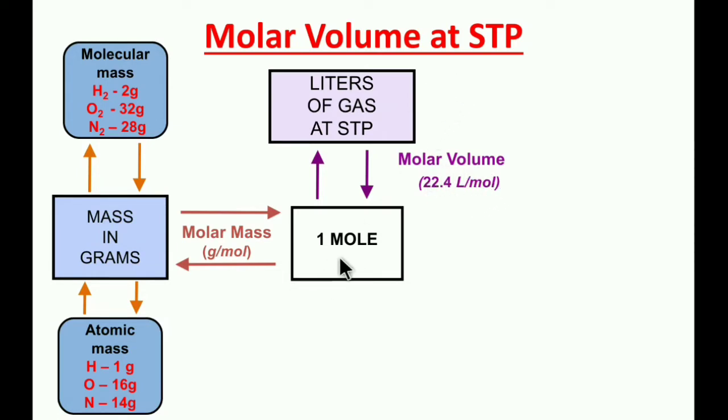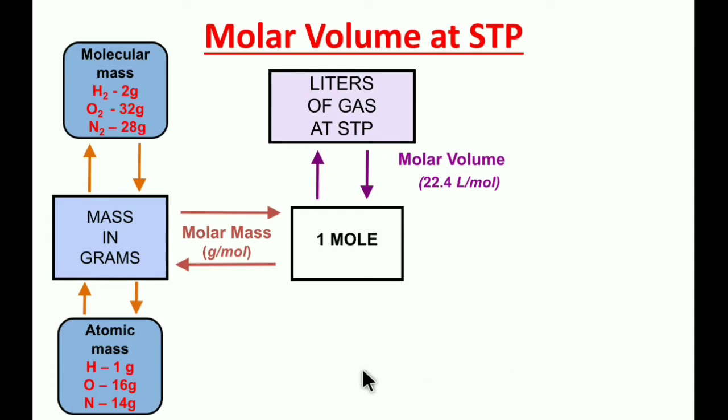This we can also equate to the atomic mass. 1 gram of hydrogen atom occupies 22.4 liters of volume at STP. 16 grams of oxygen atoms occupies 22.4 liters of volume at STP. 14 grams of nitrogen atoms occupies 22.4 liters volume at STP. Like this we can make it equal. So A, B, C: A is equal to B, A is equal to C, then B is equal to C. Similarly, we can mention it like that.